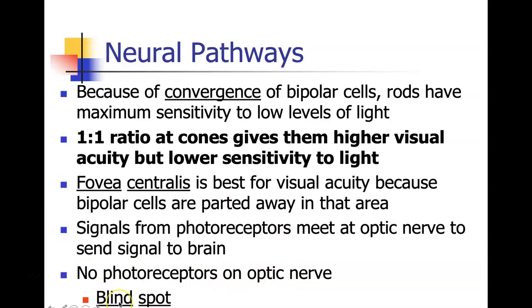This is actually called a blind spot, because if you are able to find it, you actually cannot see in a spot. We don't normally see that in our vision because the overlap of our visual fields means that your brain fills in that information. So you don't see a blind spot, but it is there in that spot where there's no photoreceptors, where the optic nerve enters the eye.